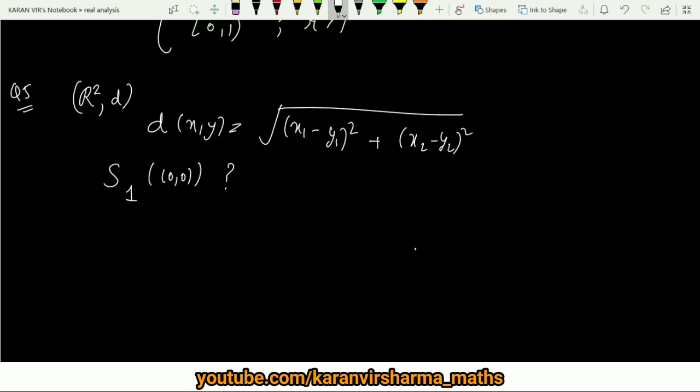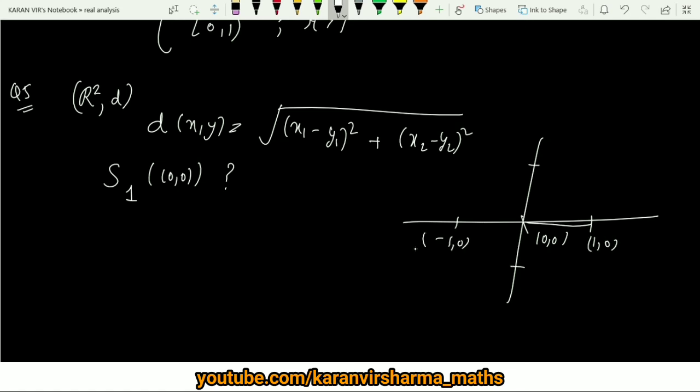Whenever we are asked to calculate things like this, you can easily draw it. This is the center (0, 0), and when they are talking about radius 1, you need to go 1 unit this side, so this will be (1, 0), correct? And this will be (-1, 0), again you will go this side 1, so in the positive y direction (0, 1), and again 1 unit in the downward direction. Now you can just draw an open sphere, so this will be my open sphere, correct?